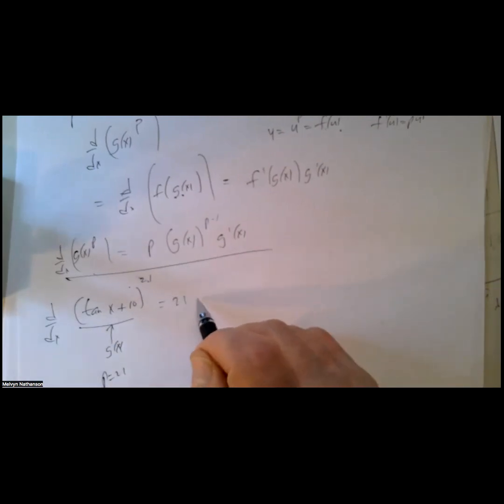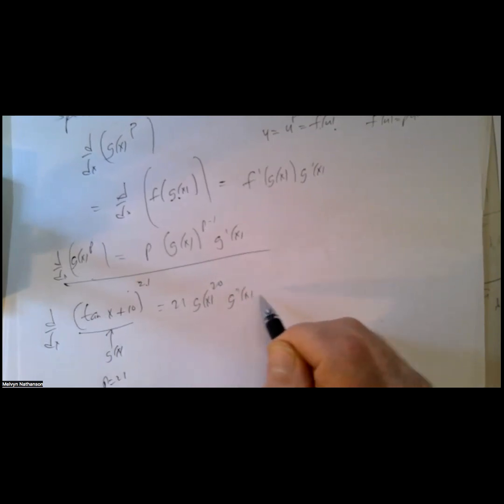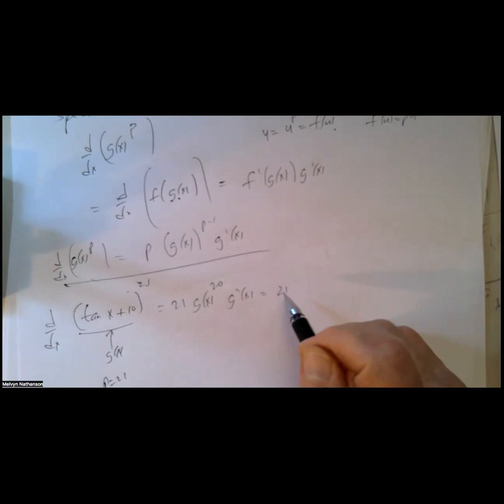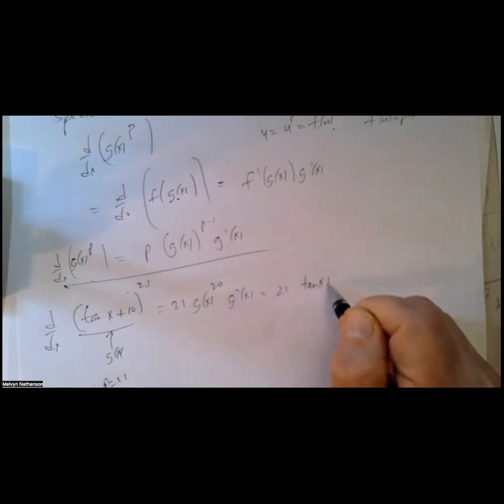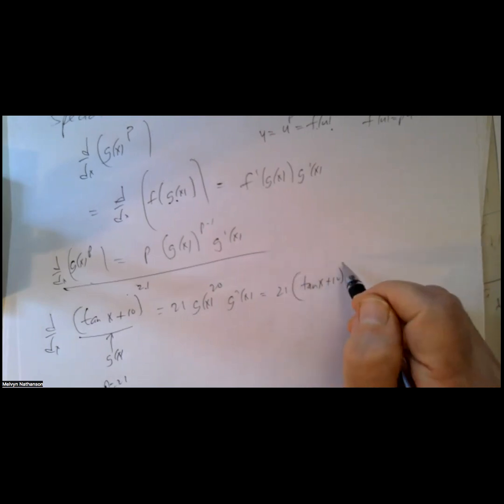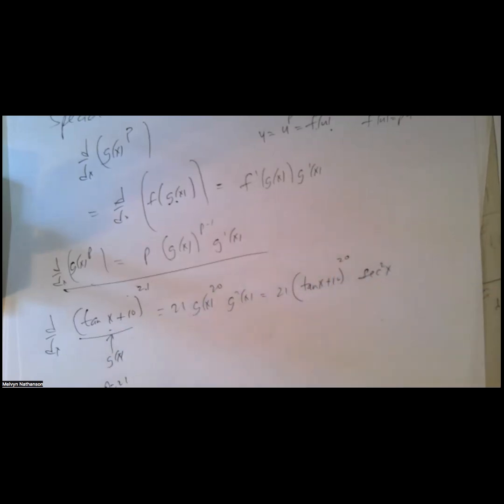So I get 21 g of x to the 20th times g prime of x. That's 21 times tangent x plus 10 raised to the 20th power. And what's g prime of x? The derivative of the tangent is secant squared. So that's the answer.